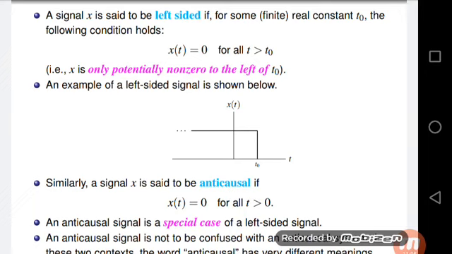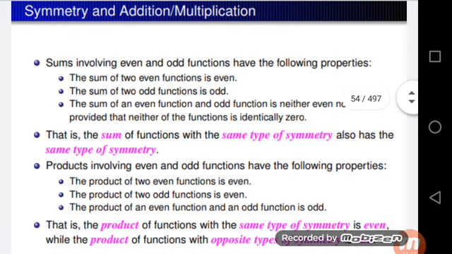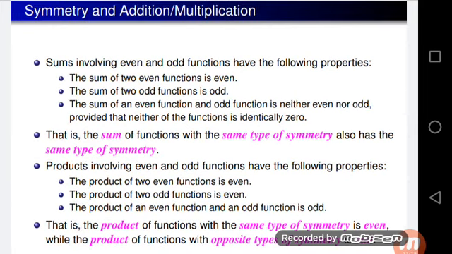In these situations we use these conditions, and also some rules of symmetry and addition and multiplication. The sum of two even functions is even. The sum of two odd functions is odd. The sum of even and odd functions is neither even nor odd.